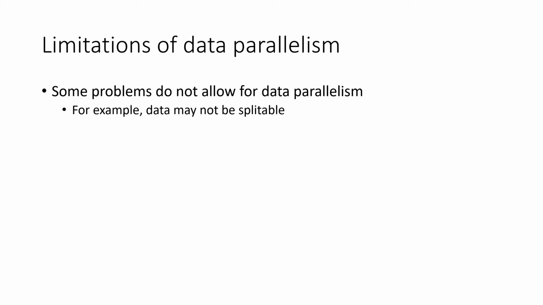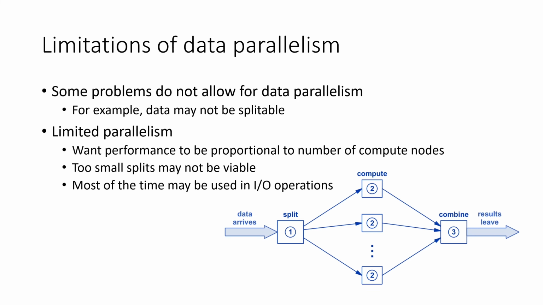Data parallelism is great and we're going to use it, but it does have some limitations. One of the limitations, like I said, is that some problems do not allow for data parallelism. And for these, we're going to see different approaches. Another problem is that the amount of parallelism we can extract from a problem may be limited. In the case where we're using n compute nodes, we want performance to be proportional to n. So we want performance to improve as we use more nodes.